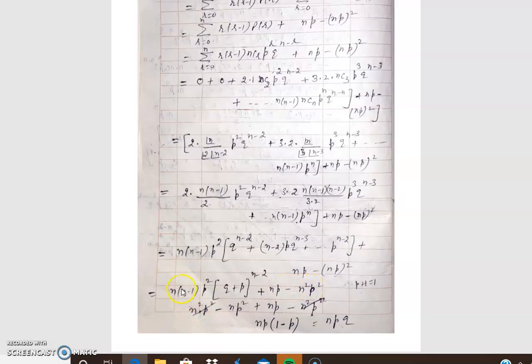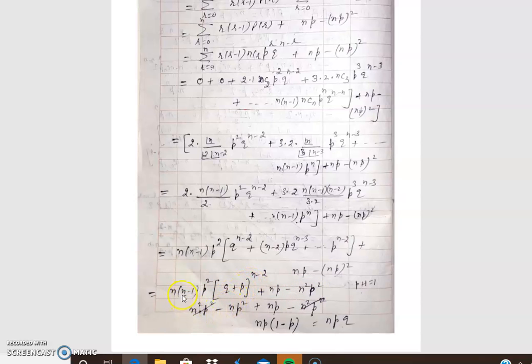And now n minus 1 p square, the value of this q power n minus 2 and p power n minus 2 is, by the formula, q plus p power n minus 2, which is the expansion of x plus a power n. So here I have q plus p power n minus 2 plus np minus n square p square. Now q plus p is 1, and 1 power n minus 2 is again 1.